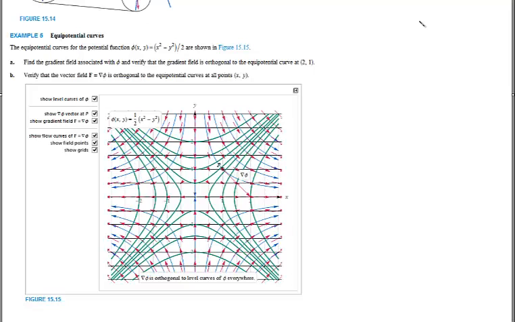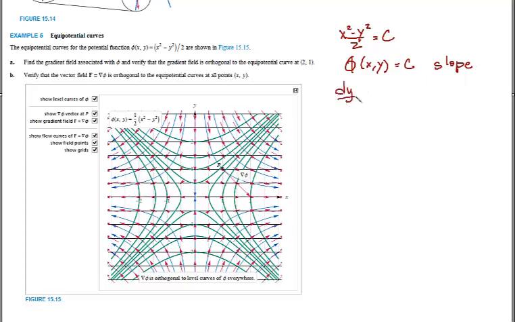That's what we're doing first. Let's note that the level curves are the hyperbolas x squared minus y squared over 2 equal to some constant. Therefore, the slope at any point on a level curve phi of x, y equal to some constant is what we want.